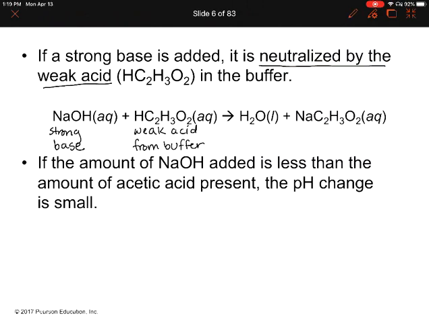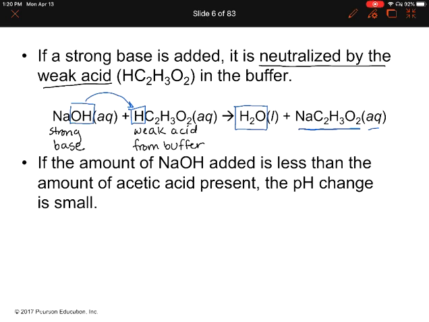So the hydroxide from our strong base is going to grab onto a hydrogen from the acid, and we form a water molecule. And then whatever's left over is just going to remain floating in solution. So in this case, we have sodium and acetate left over. And we can write that as a molecule, but it is aqueous. So just remember that those ions are actually separate and they're floating around.